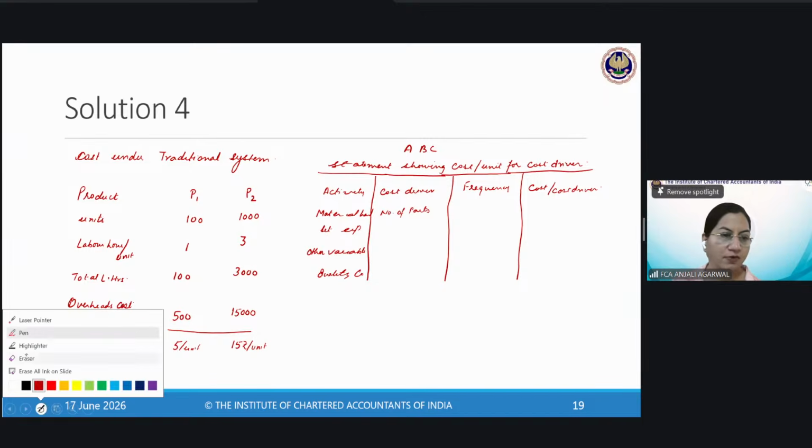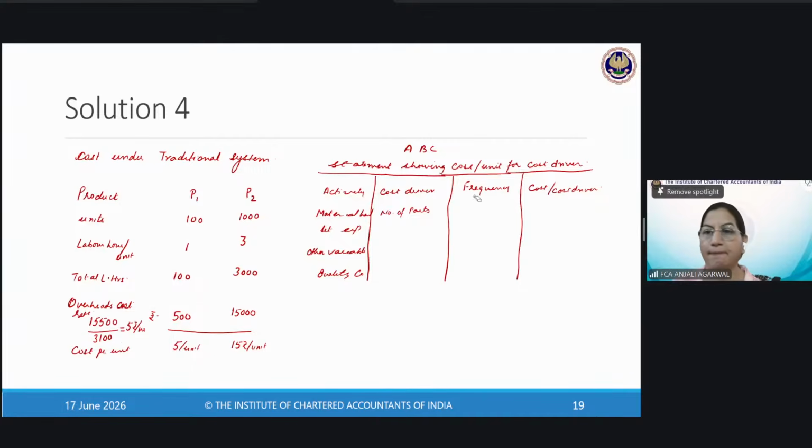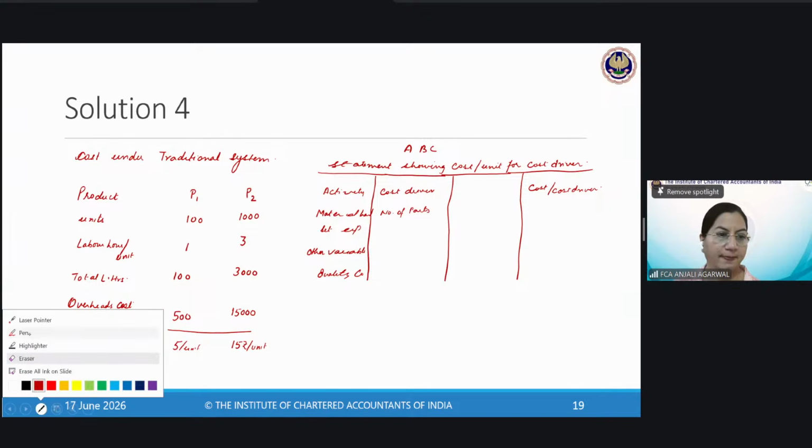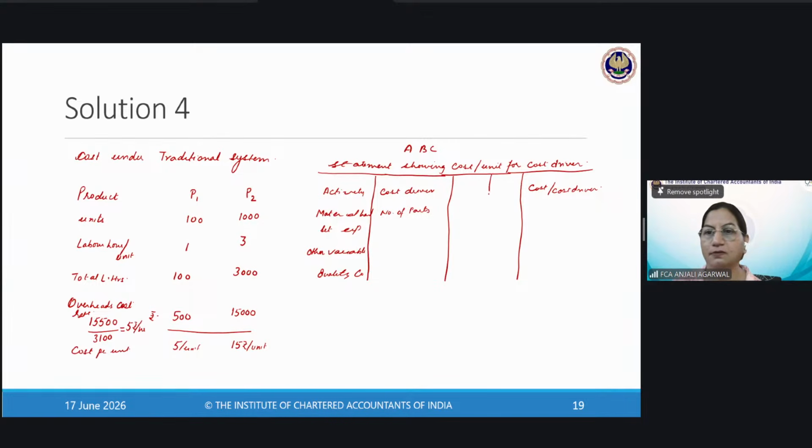I need one more column: total costs, and frequency of cost driver.